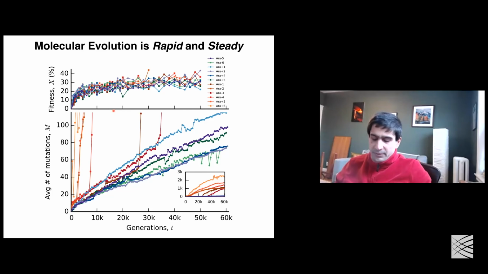More recent experiments use better marker systems that allow you to measure these things much more accurately. And you still have heteroscedasticity in the fitness measurements. That's always going to be a feature of this kind of measurement, but it's a lot better, and the general conclusion is the same.